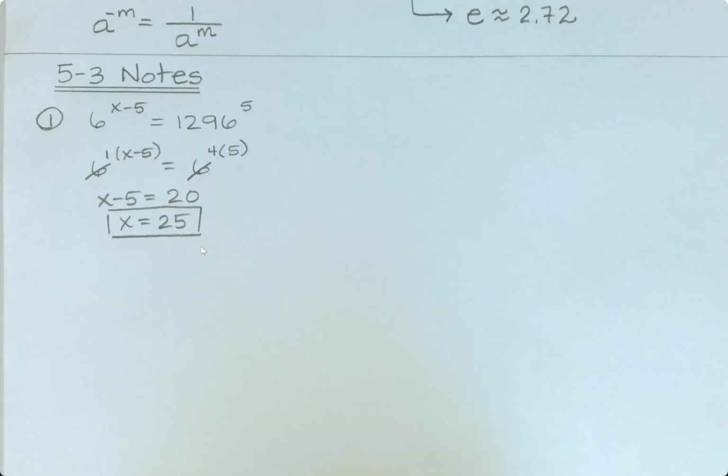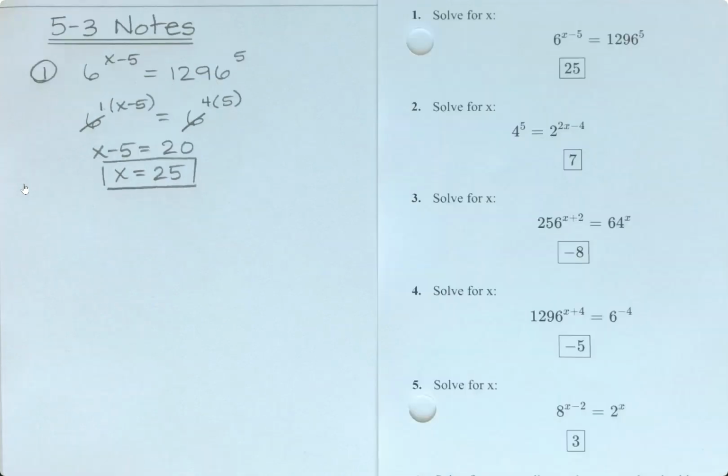Okay, so go ahead now, pause, and work out problems 2, 3, 4, and 5. Okay, so now take the time to check your answers against the answer key provided on the right. Pause this video now, and then resume when you are ready.